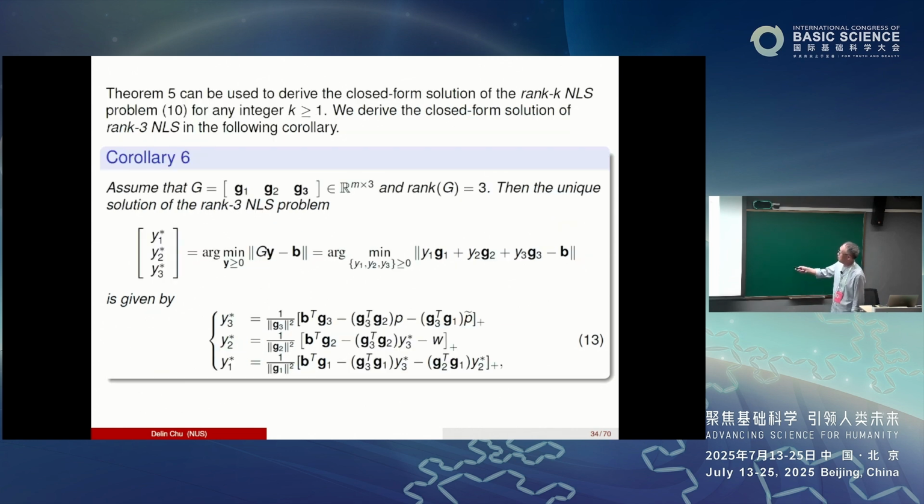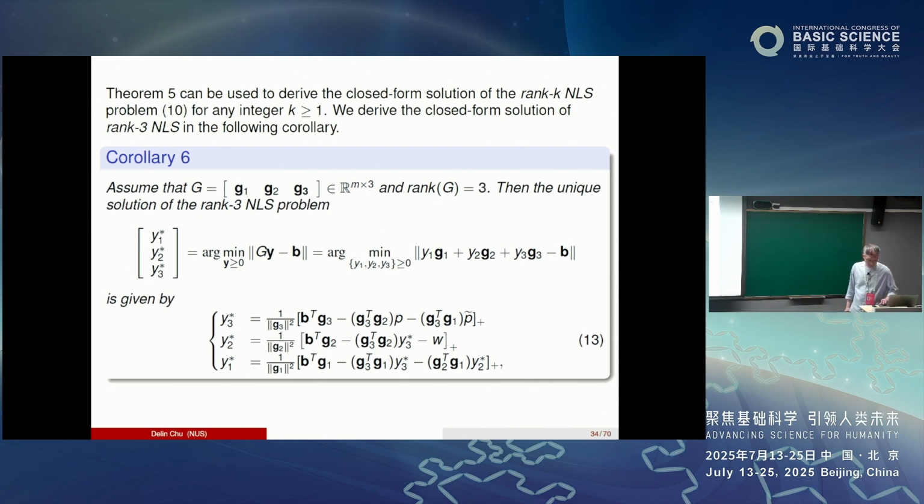Now we apply this relationship to the case k equal to 3. Suppose we have an n by 3 matrix G. Also suppose this matrix is of full column rank. Then this formula gives the exact solution for this minimization problem.